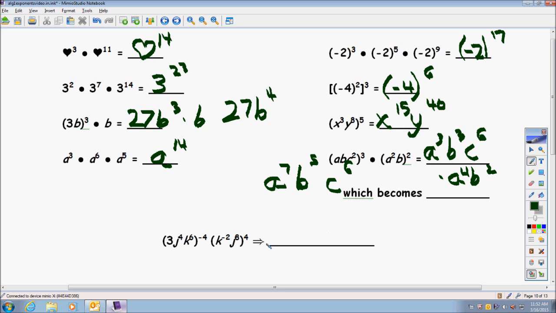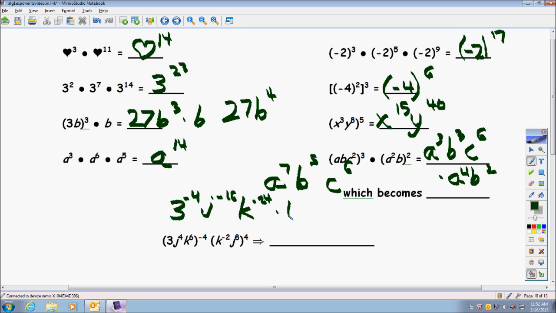Okay, this one looks tricky, but it's really not that bad. Okay, 3 -4, j -16, k, jk. Yep, they're laughing at me.